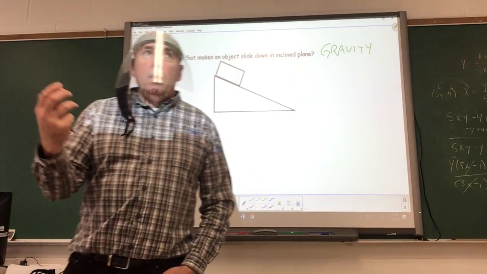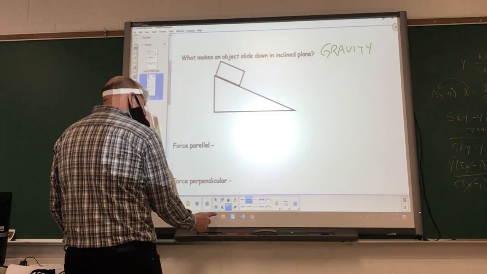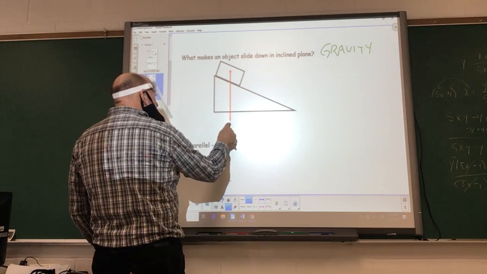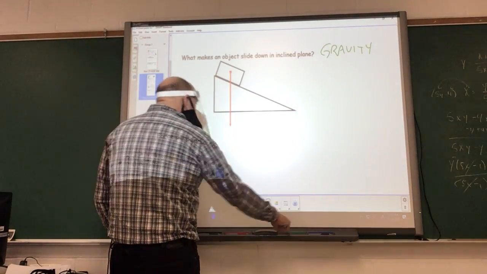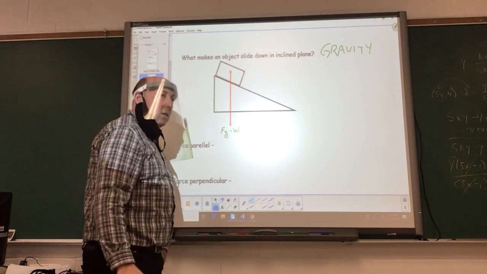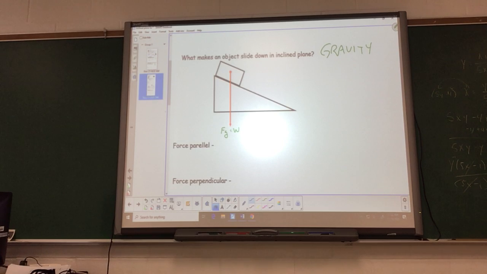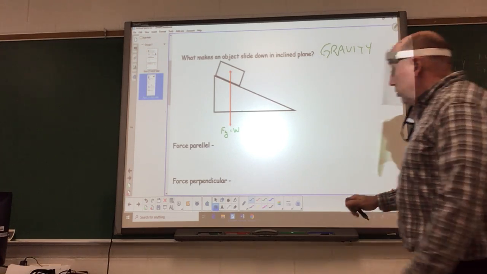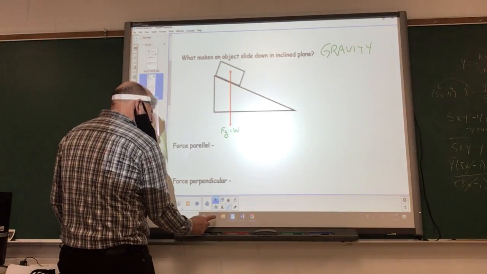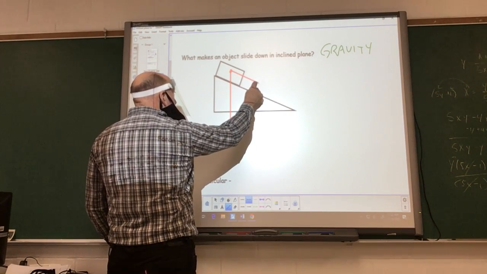Well, gravity, though, acts downwards. So gravity acts in this direction. This is your force of gravity, which is the weight of the object, what we just calculated up above or in the front side. Your force of gravity goes downwards. The problem is, though, as we talked about, our motion is in this direction.